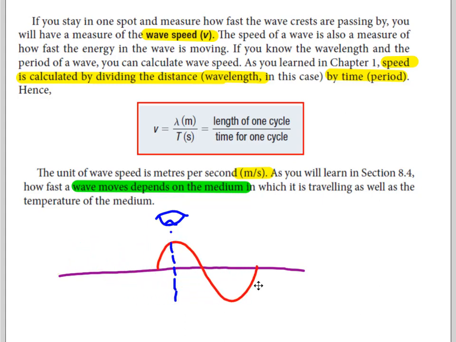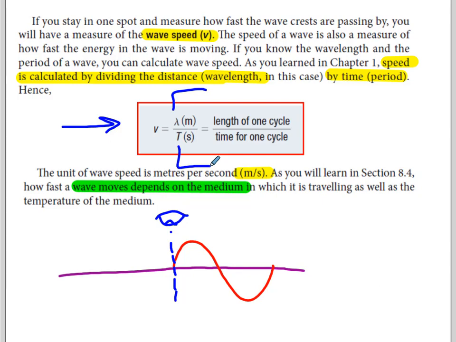If I see a complete wave go by, and I know its length in meters, maybe 2 meters, and I know the period, or how long it takes for one cycle to move through there, I can put those two pieces together and come up with a wave speed. You'll notice it's very similar to our kinematics. We have meters per second, but notice we're using wavelength and period. Please note that difference. Wavelength acts like our distance traveled, and period acts as our time value.